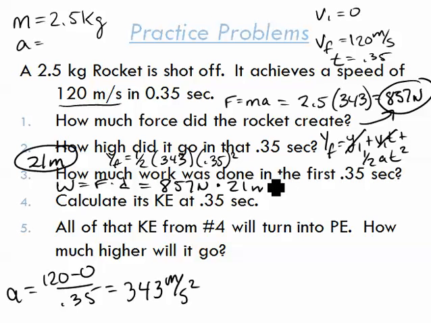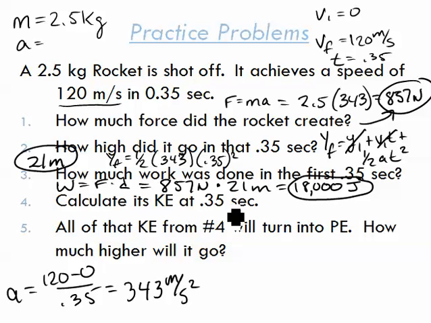So when we multiply those, the work turns out to be 18,000 joules. 18,000 joules, that's a lot of energy. All right, that's work and it's energy. So there was 18,000 joules worth of energy that was used here to get it to that height.